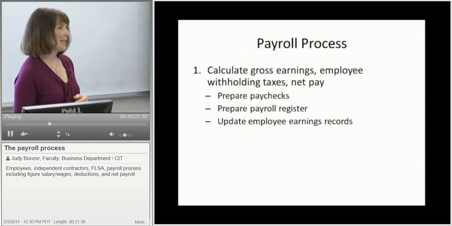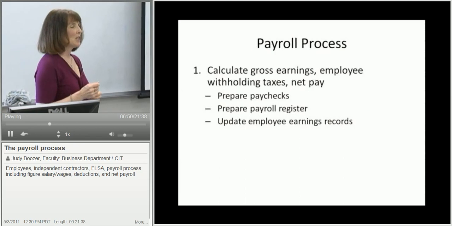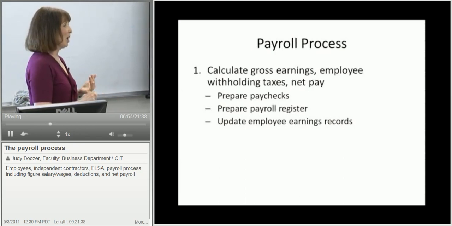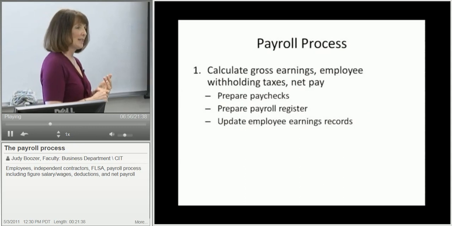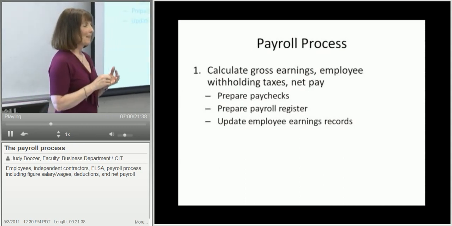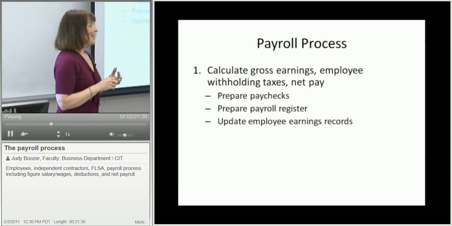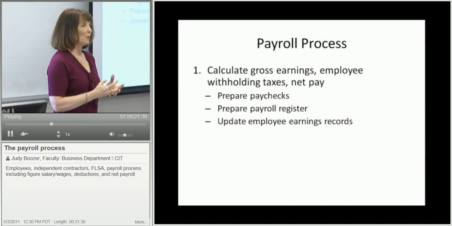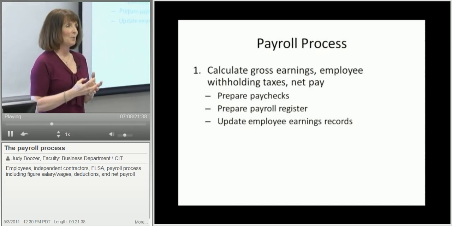Payroll process. So for the business, what you're going to learn to do is calculate something called gross wages. And what are gross wages? Wages before deductions. It's the amount of money that you actually earn from performing whatever work you do for the business.